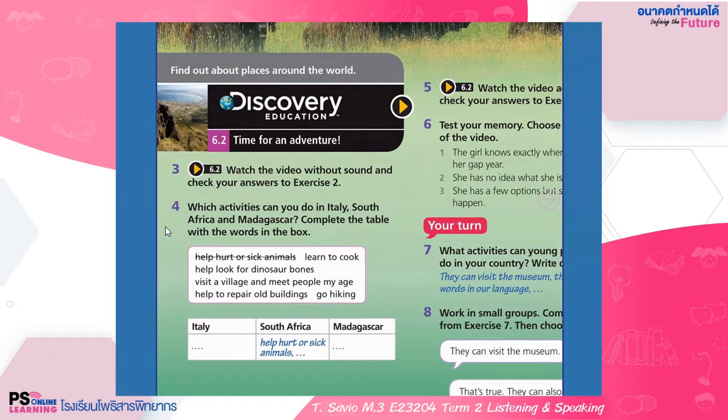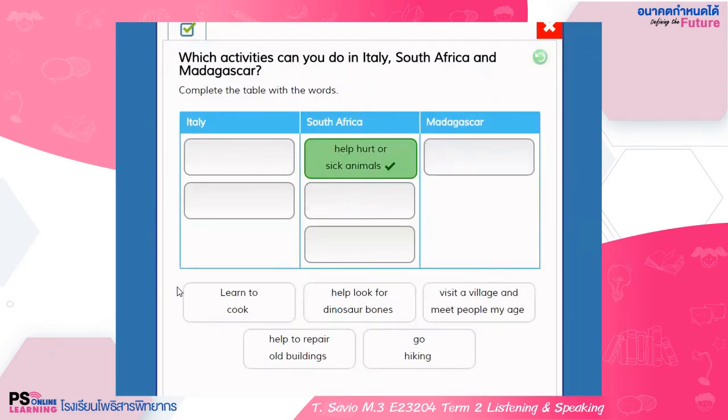Exercise 4. Which activities can you do in Italy, South Africa, and Madagascar? Complete the table with the words in the box. Now we can complete the table because we've seen the video. So in Italy, you can help to repair old buildings and learn to cook.